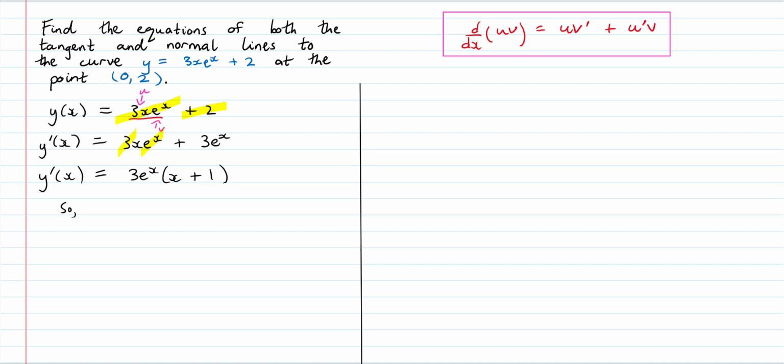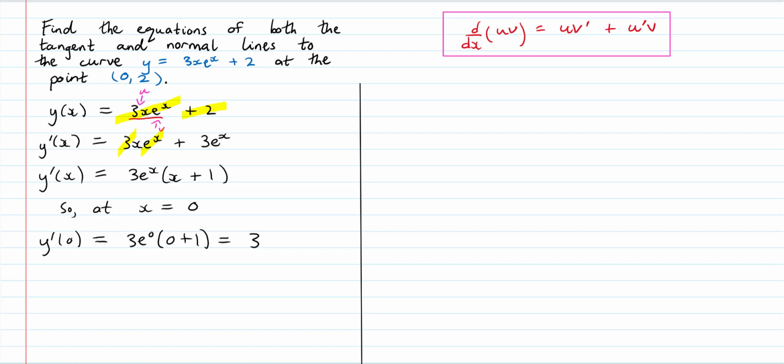So at x equals 0, y dash of 0 is equal to 3 times e to the power of 0, and then in the brackets we have 0 plus 1. Well, e to the power of 0 is just 1, so outside the brackets we get 3 times 1, which is just 3, and inside the brackets it's just 1, so this is going to equal 3.